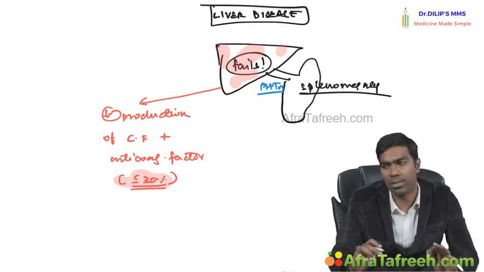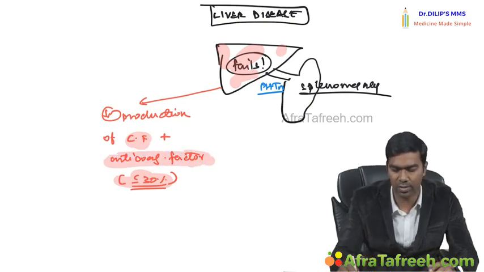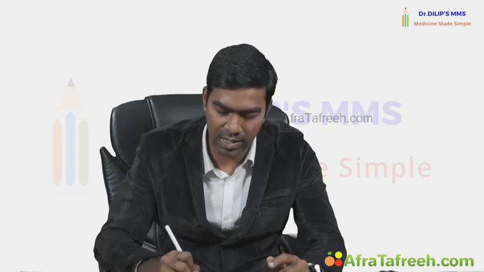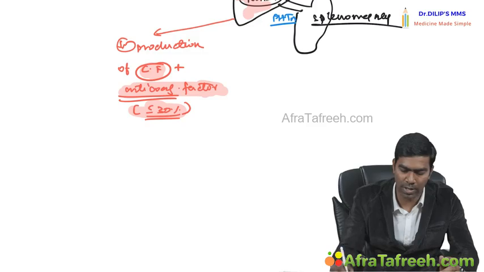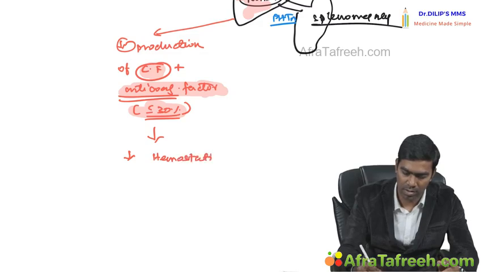But the important point to note is that the clotting factors as well as the anticoagulant factors are both reduced. It's not only the clotting factors that are reduced. So you might think that there is a balance between clotting factors and anticoagulant factors, which means there should be no bleeding. Yes, that's a fact. There should be no bleeding, but still there is bleeding because there is a reduced hemostatic reserve, a reduced coagulation reserve.